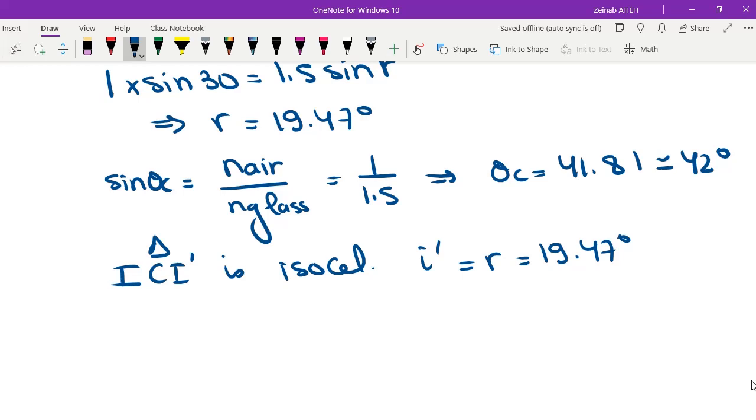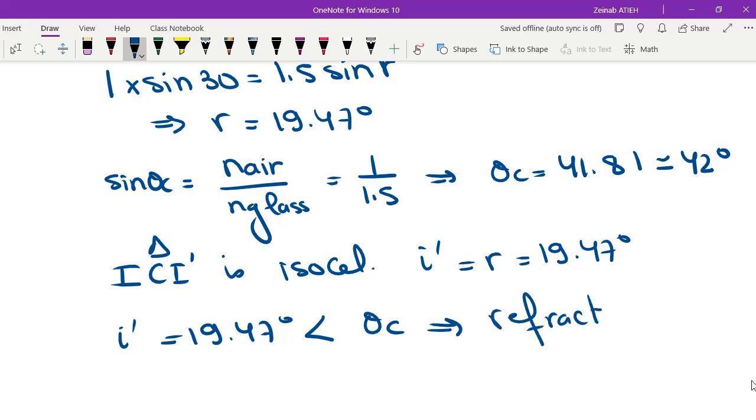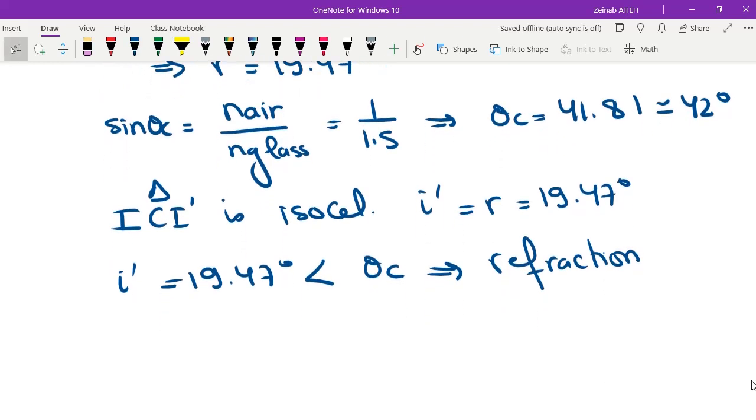I prime equals 19.47, which is less than theta critical. In this case we have refraction. Let's apply Snell's law because we have refraction.